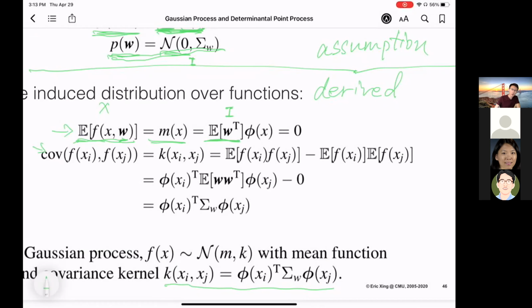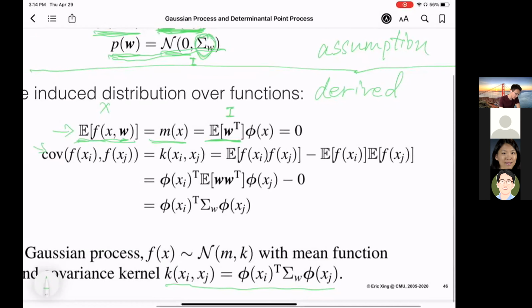If the covariance is very small, it means the prior distribution on these weights is centered around 0. But it can also be the case that this is very flat, so the normal is close to a uniform. That's also possible.